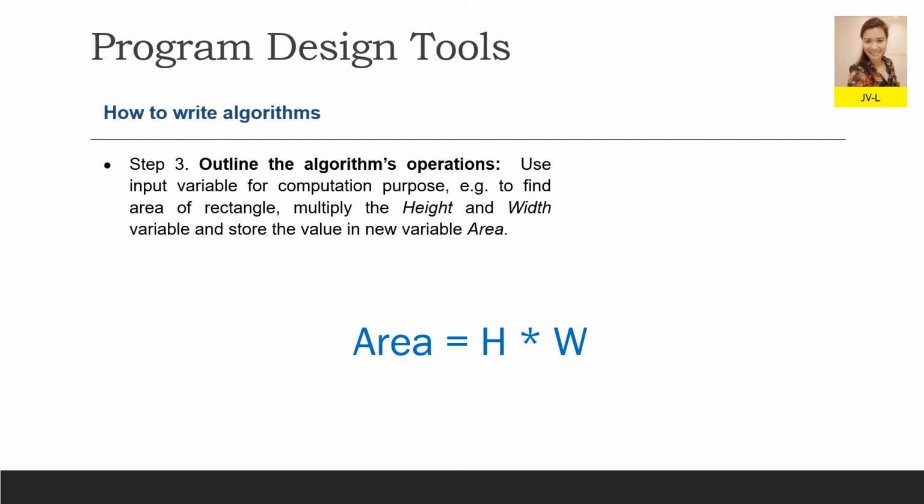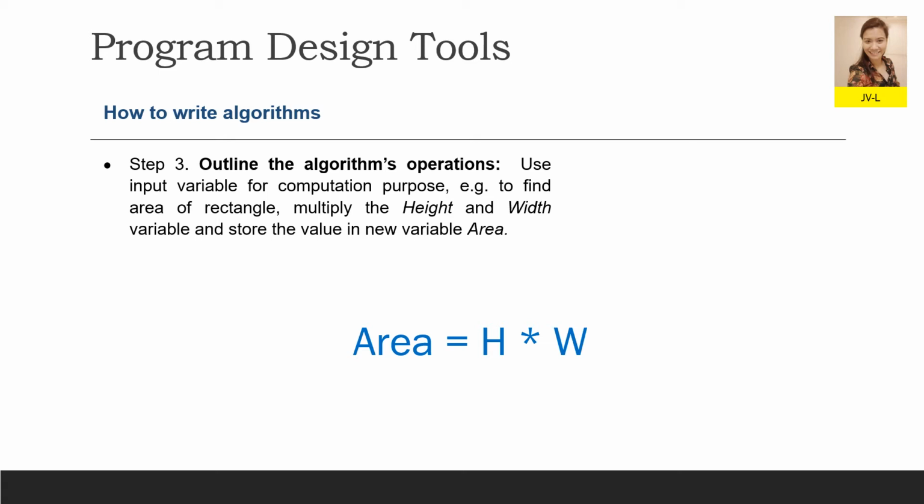Step number 3, outline the algorithm's operations. Use input variables for computation purposes. Example, to find the area of a rectangle: multiply the height and the width variables and store the value in a new variable, which is the area.